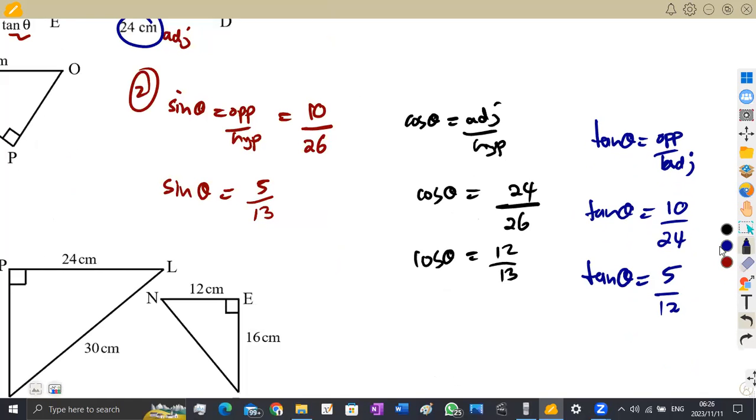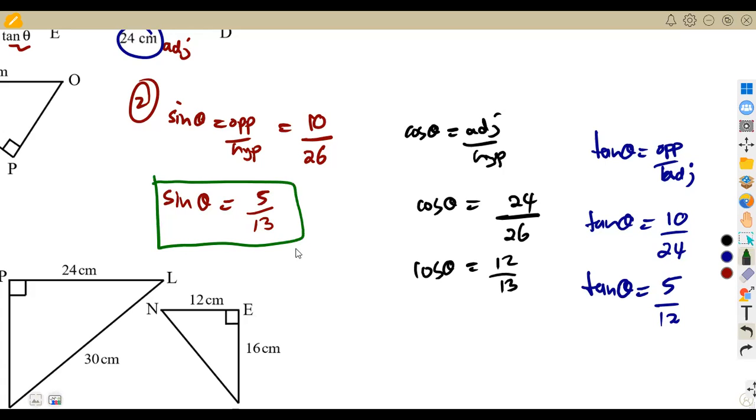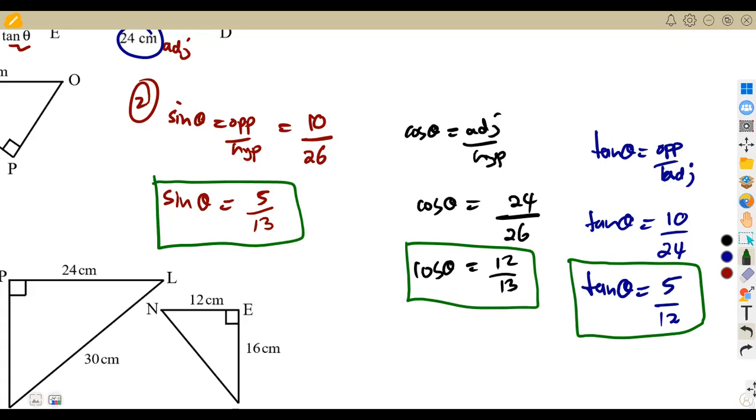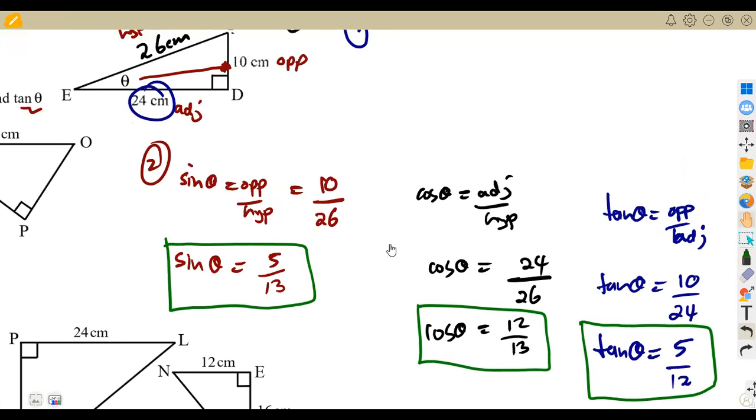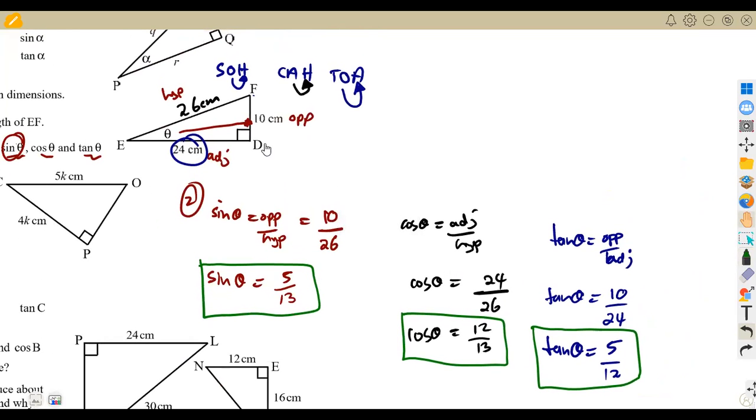So as you can see, these are the values that you're going to have for the sine of theta, the cosine of theta, and the tan of theta from the diagram that we are given in this case. Like I said, you name your sides according to the angle that you are given.